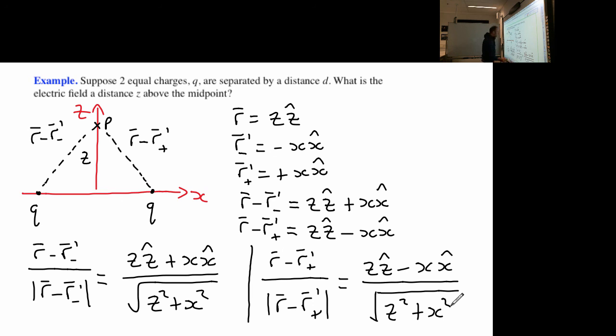Okay, so now we're all good to go. Just recall that the distance between our two charges here is d, so the distance of one charge from the origin is going to be d over 2.